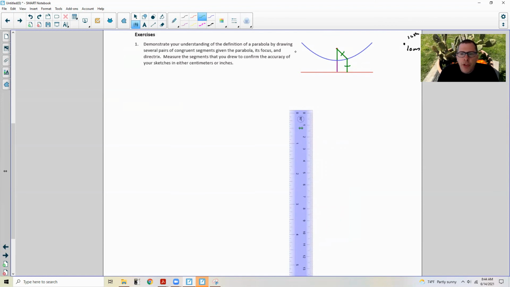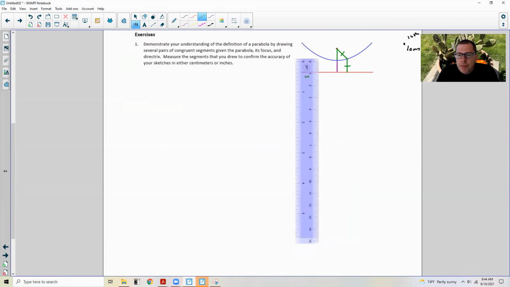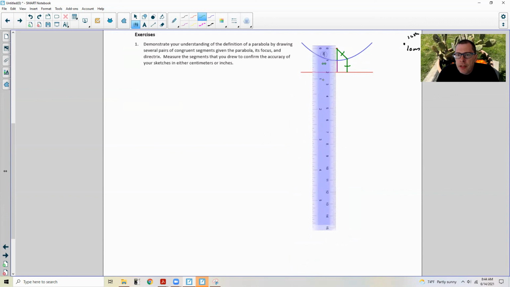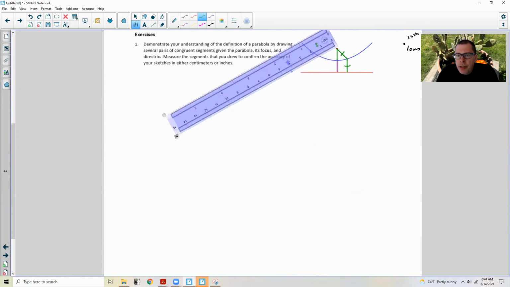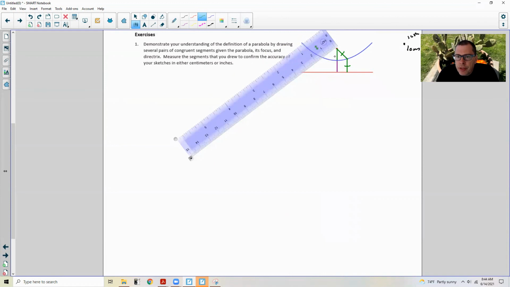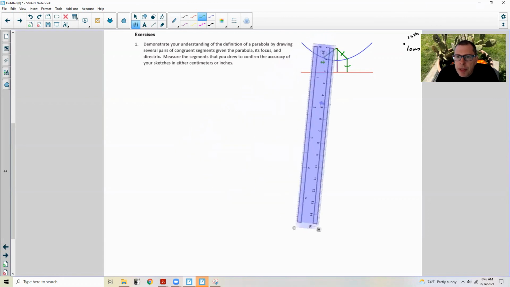It says to do several pairs. Let me do one more. Let's go over to this side this time, and I'll go out like so. This is 5, 6, 7, 8, so this distance is 8. I'll do it in green again. From there to there is a distance of 8 millimeters.